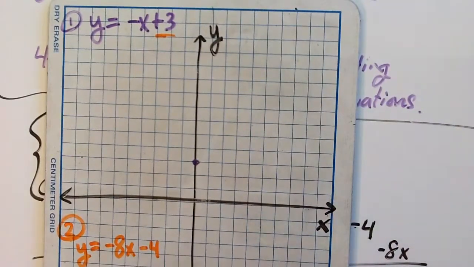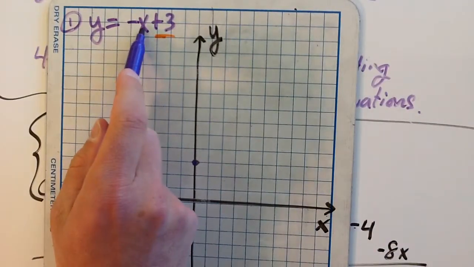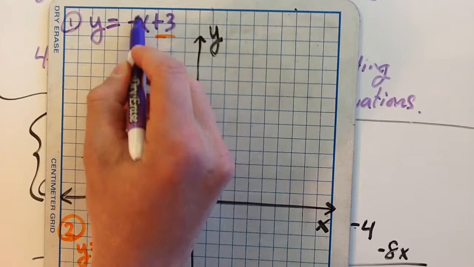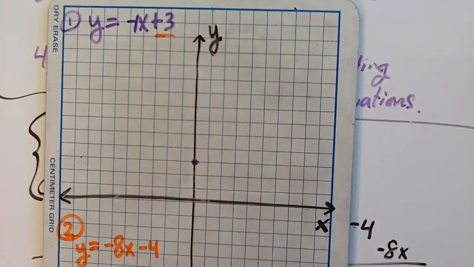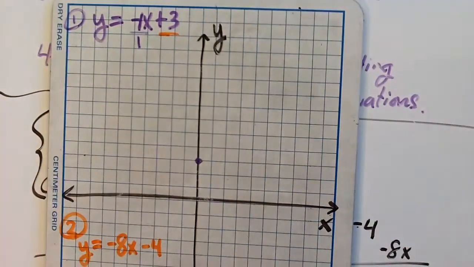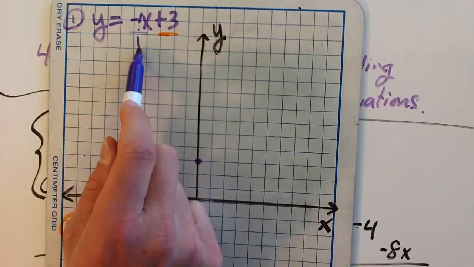Now, what is my slope? I begin with b. I move with m. The slope, what is the number in front of x? Not 1, but -1, right? There's an invisible 1 right there. And so this is -1 over 1. And so I need to go down 1, right 1.